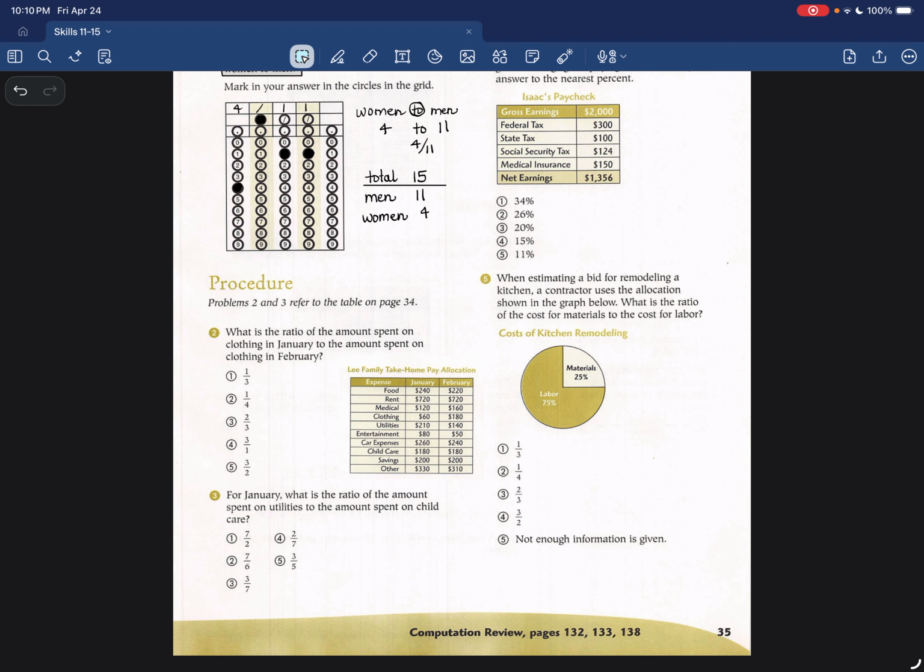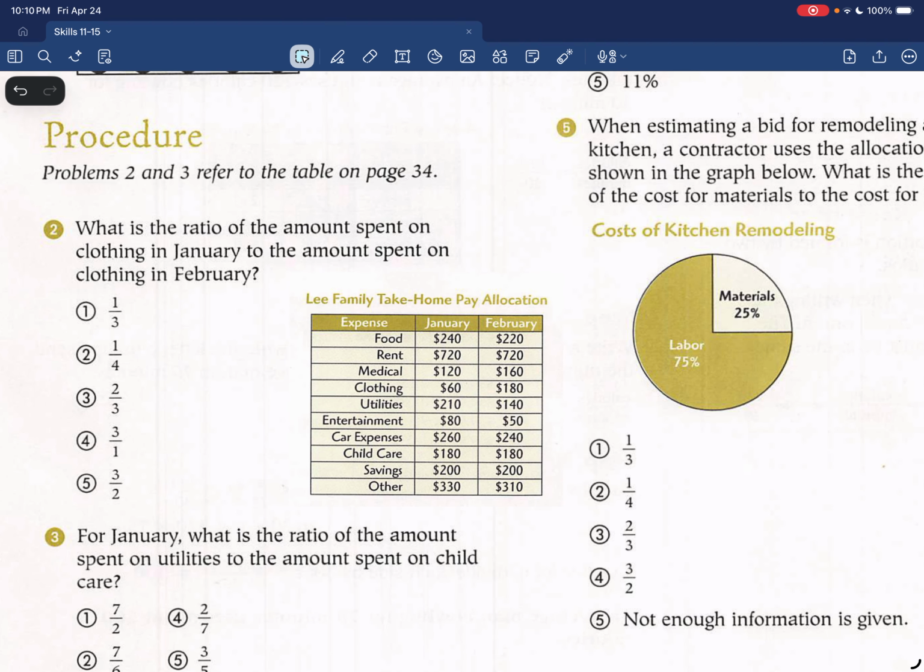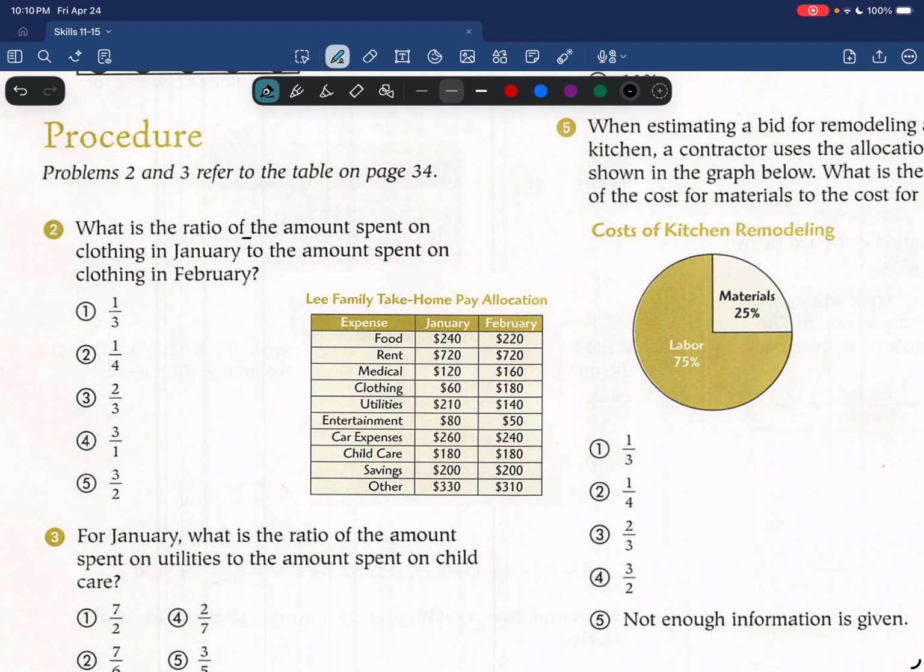What is the ratio of the amount spent on clothing in January to the amount spent on clothing in February? So here is the all-important word, to. In front of to, we have clothing in January.